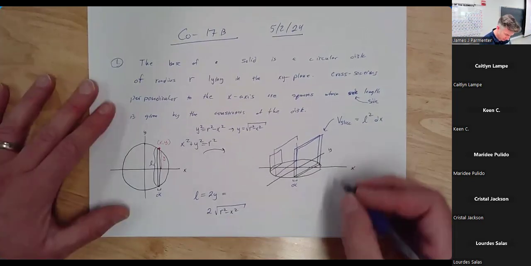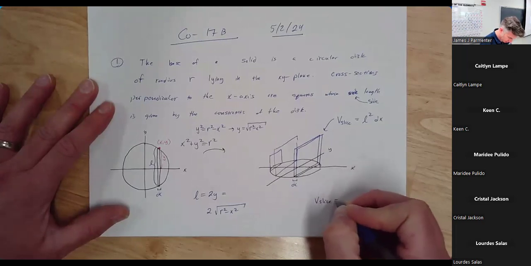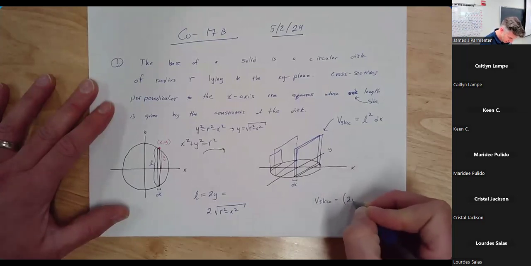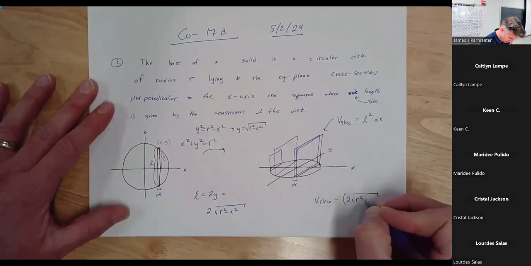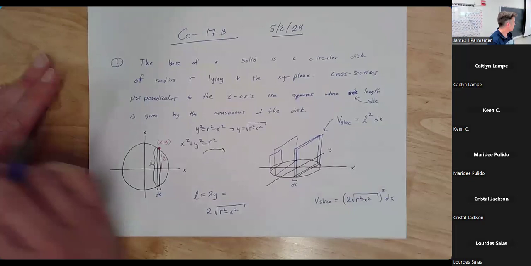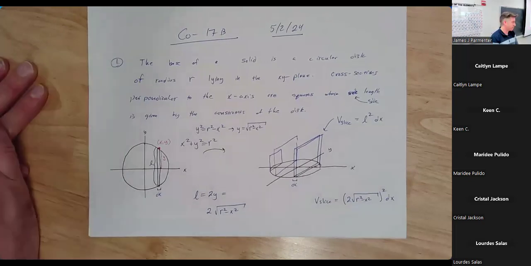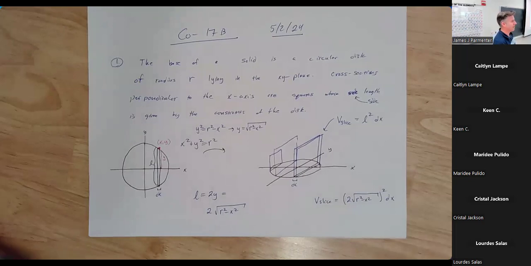Which then means that the volume of our slice is really going to be 2 times the square root of r squared minus x squared, squared, dx. That's the volume of the slice of one slab, I guess, right?